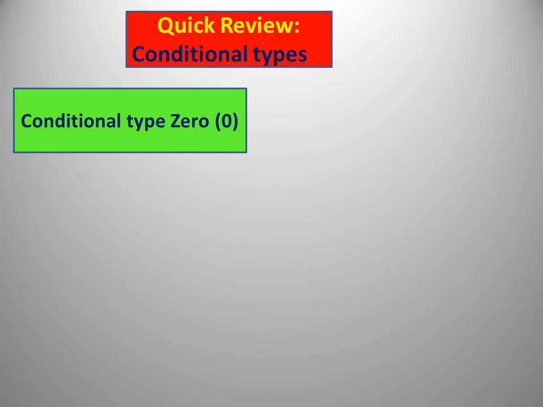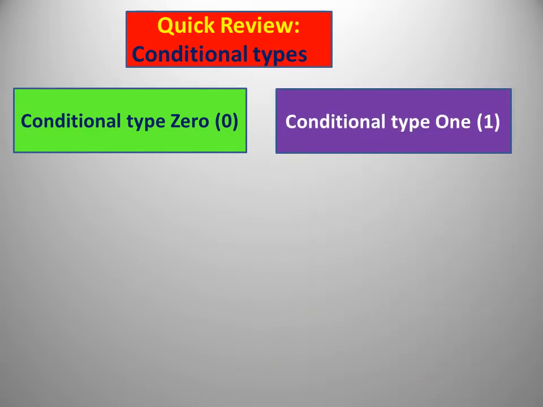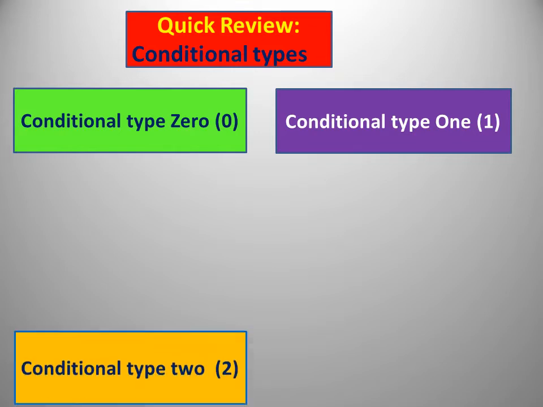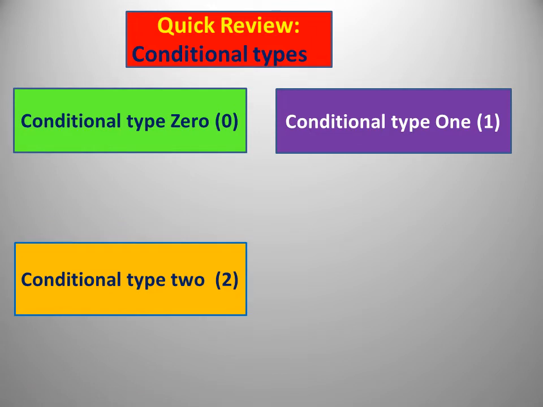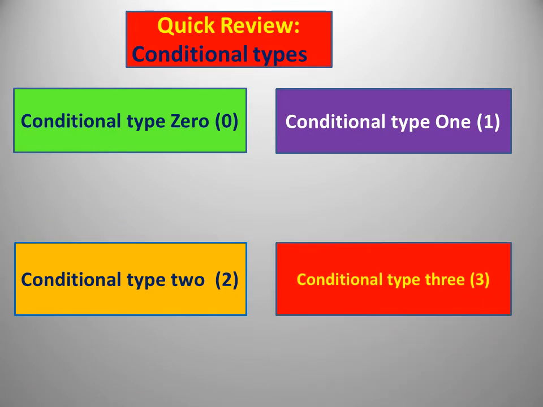Conditional type 1. Conditional type 2. And finally we have conditional type 3. I repeat, we have conditional type 0, type 1, type 2, and type 3.